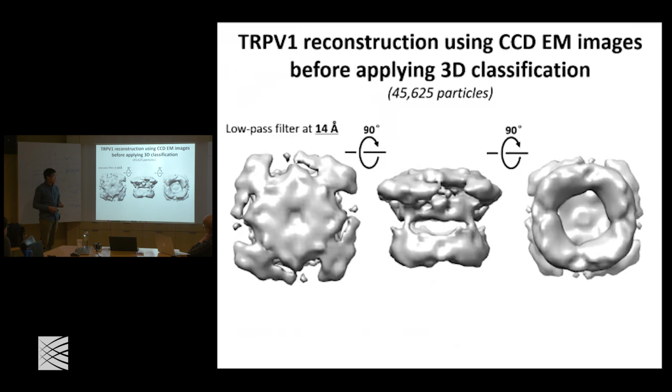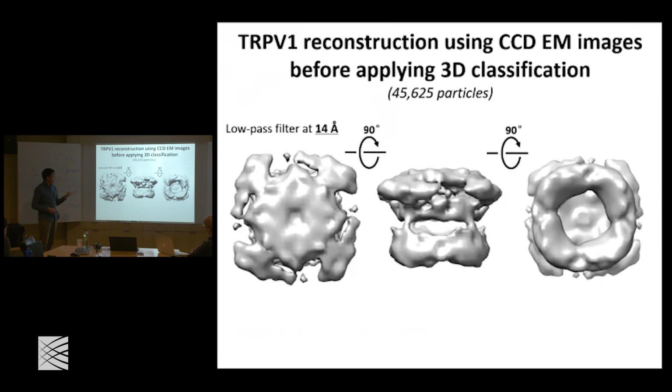So around that time, probability-based 3D classification came into play. Particularly, Dr. Sjors Scheres at the MRC developed what is now really the dominant program in the field, called RELION. We were one of the first groups to actually try this program.